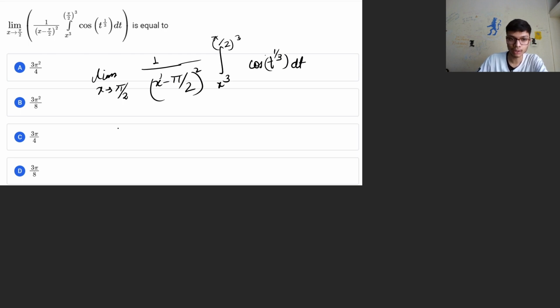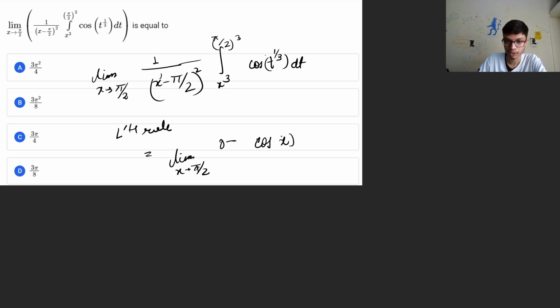Now if I apply the LH rule, I'll get the limit as x tending to pi by 2. The upper term will be 0 minus of, so in place of t, I put x cube.